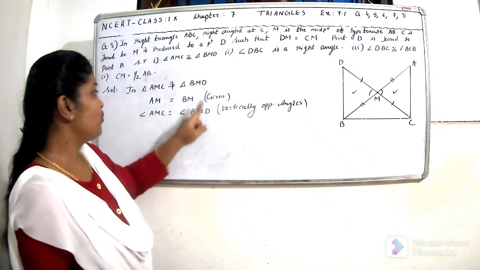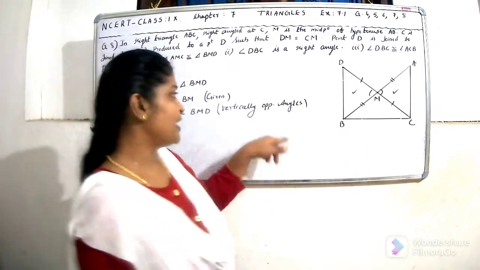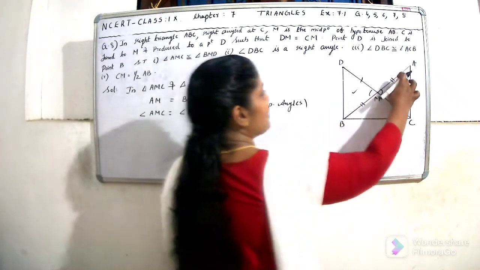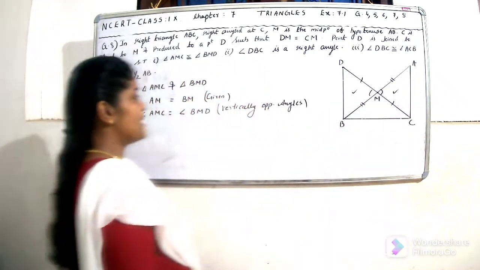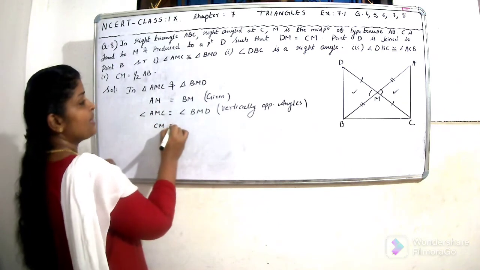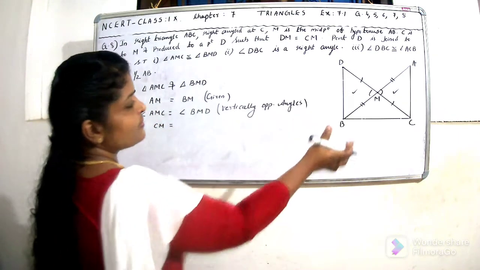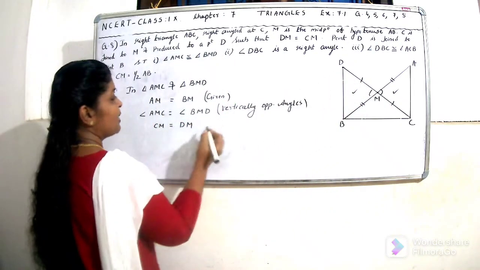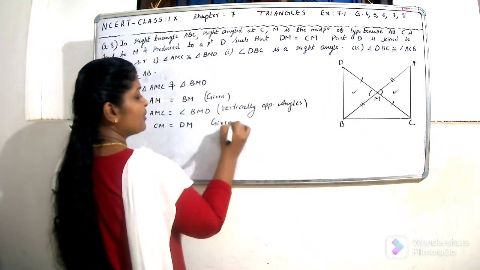Now side, angle over. Next one is the side. So which side we have not taken, that we have to take. AM we have taken. Now this one, CM. CM is equal to DM. That is also given.